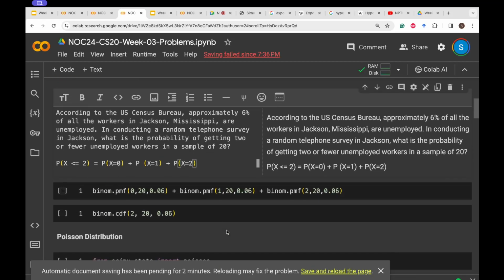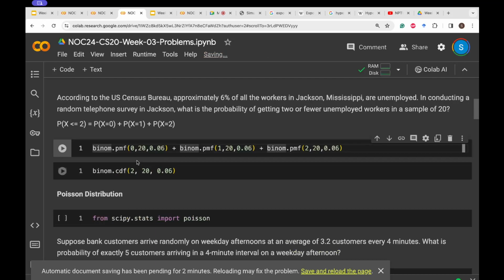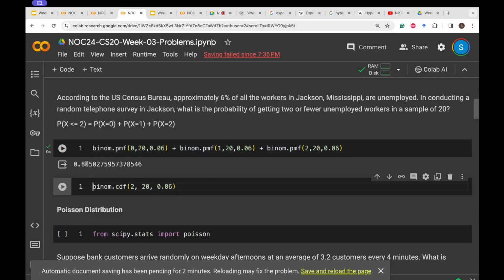So you are summing up the PMF for every individual random variable value. Let me run this. It is 0.88. Instead of this, you can also use binom.cdf, which is less than or equal to 2. It will do the same job as this.